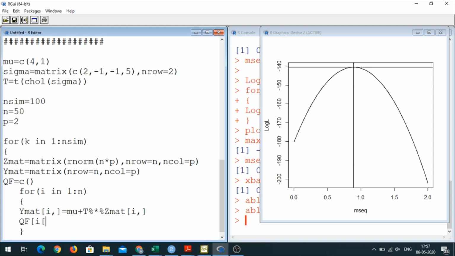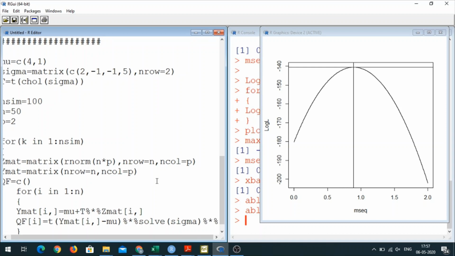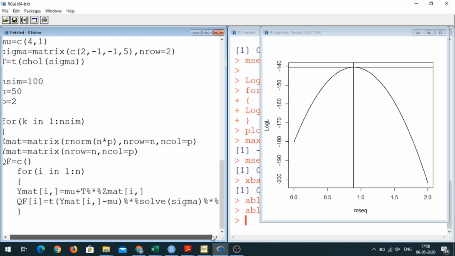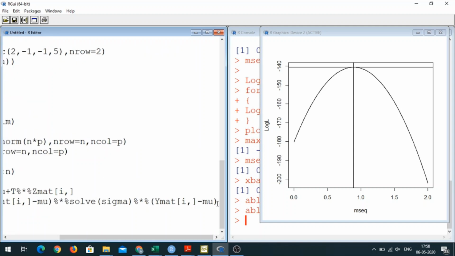QF at i would be x minus mu, prime, sigma inverse, x minus mu.